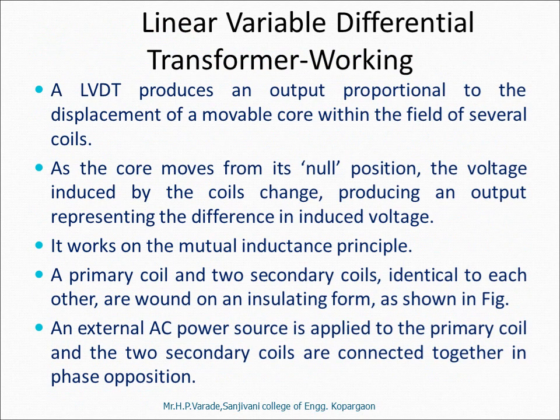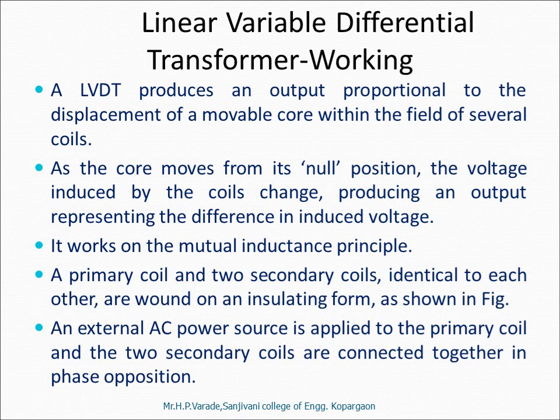So we are going to learn about the LVDT here. An LVDT produces an output proportional to the displacement of a movable core within the field of several coils. As the core moves from its null position, the voltage induced by the coils changes, producing an output representing the difference in induced voltage. It works on the mutual inductance principle, as I have already stated.